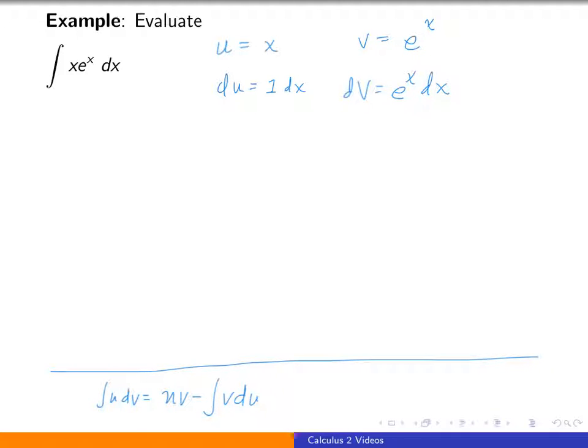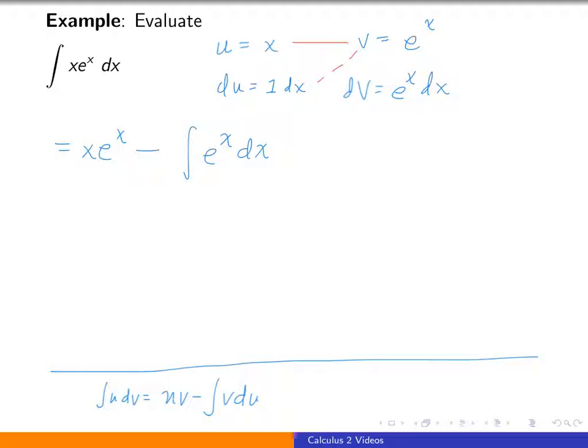Integration by parts tells us that this integral will be equal to uv, so x e to the x. Then we subtract away the integral of v du. So we subtract away the integral of e to the x times 1 dx.